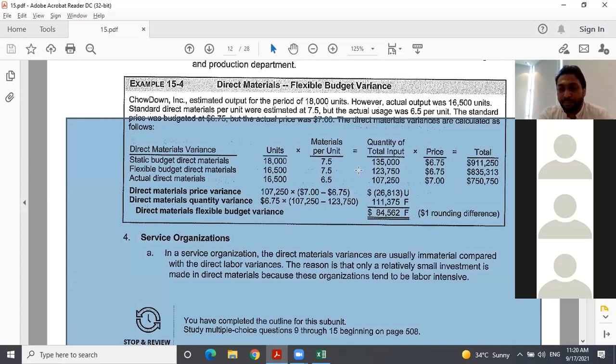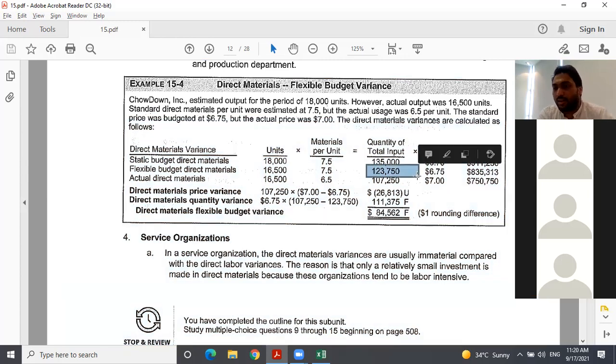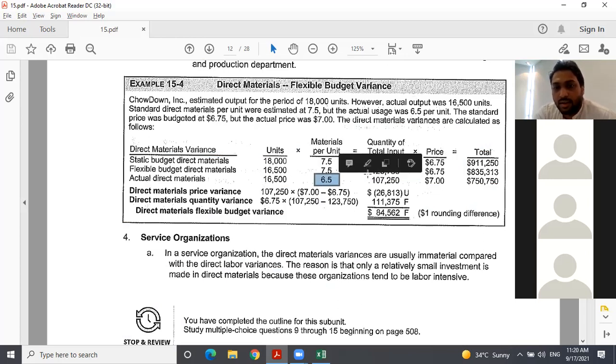That means this is an adjusted standard quantity, adjusted to the actual results. So this is the adjusted standard quantity into standard price. You will get 835,000. Then the actual cost will be 16,500 units into 6.5 units which you used, so your actual quantity will be 107,250, and your actual price is $7.